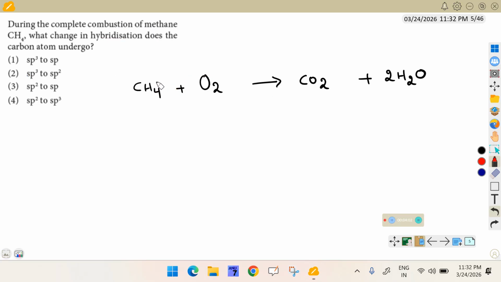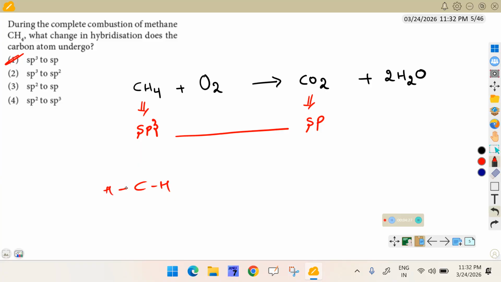During the complete combustion of methane, what change in hybridization does the carbon atom undergo? In methane, the carbon atom undergoes sp3 hybridization. In carbon dioxide, the carbon atom undergoes sp hybridization. So sp3 hybridized carbon is converted to sp hybridized carbon.